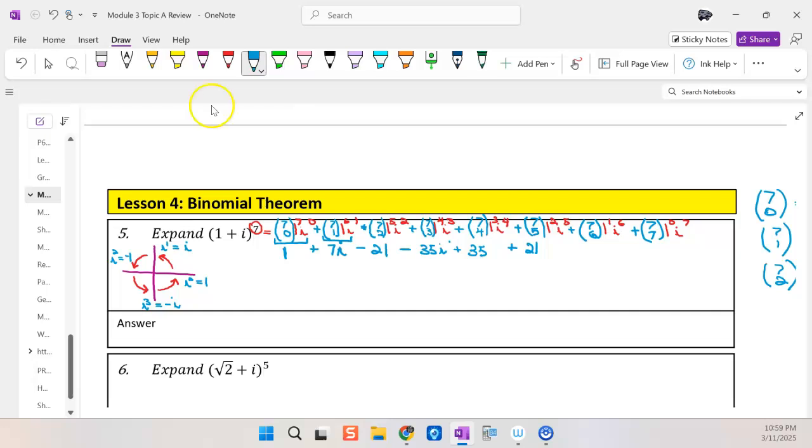So i to the 4th takes me back to the beginning. i to the 4th is also 1. So i to the 5th is the same as i to the 1st. So i to the fifth is equal to i plus, this is going to be 7, 1 to the first, i to the sixth, 1.